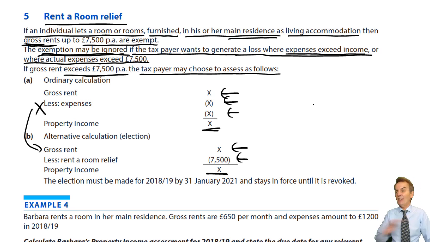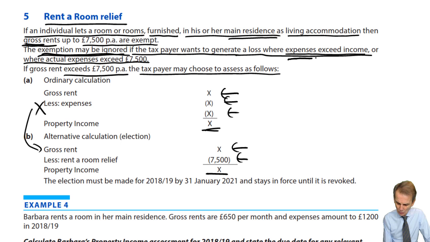You can say, I don't want rent-a-room. And why would you do that? Because maybe you've got rental income of £4,000 and expenses paid that year of £5,000. With rental income of £4,000, then that's exempt under the rent-a-room relief rules. But if you apply the normal rule, you do away with rent-a-room relief.